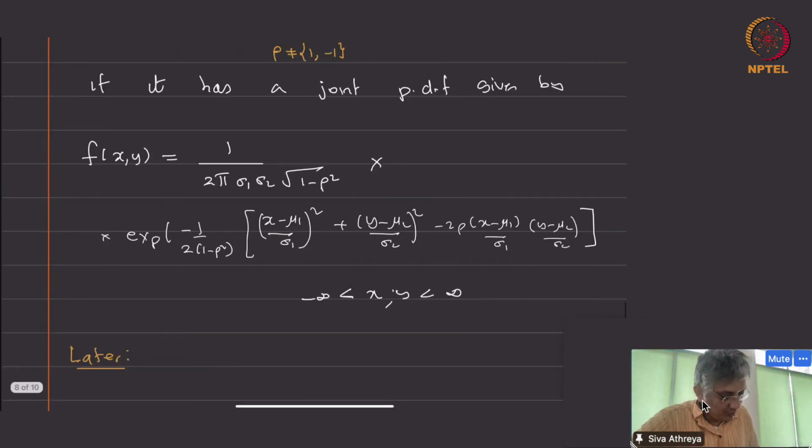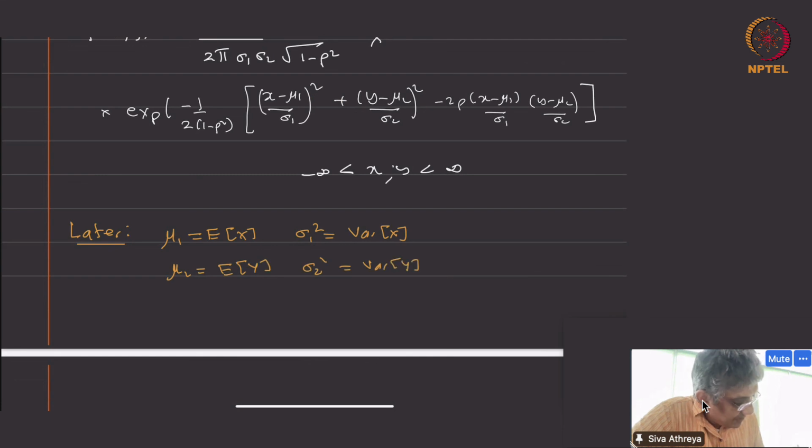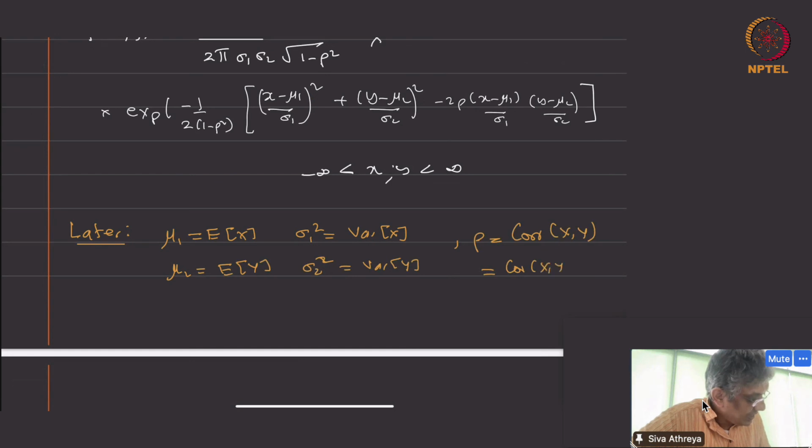Okay, that's it. So what we'll see later on is that mu1 is E of X, the mean of X. Sigma 1 squared is the variance of X. Mu2 is the mean of Y. Sigma 2 squared is the variance of Y. And then rho is in fact the correlation coefficient of X and Y. That's just the covariance of X, Y divided by the square root of the variance of X times the square root of the variance of Y. That's what rho is.